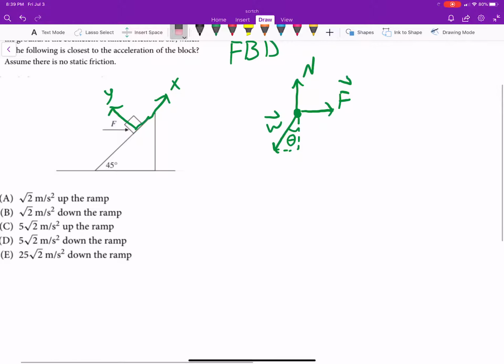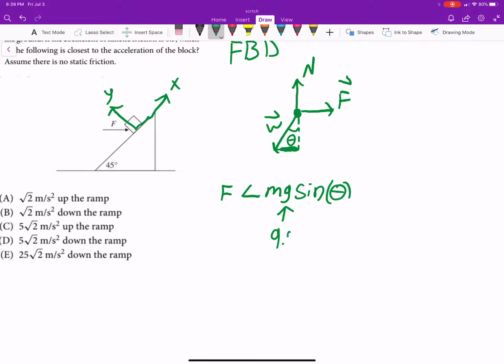And what we want to see is whether F is less than, in this case, this component, mg sine of theta. Well, we know g is 9.81, and sine of 45 is root 2 over 2.